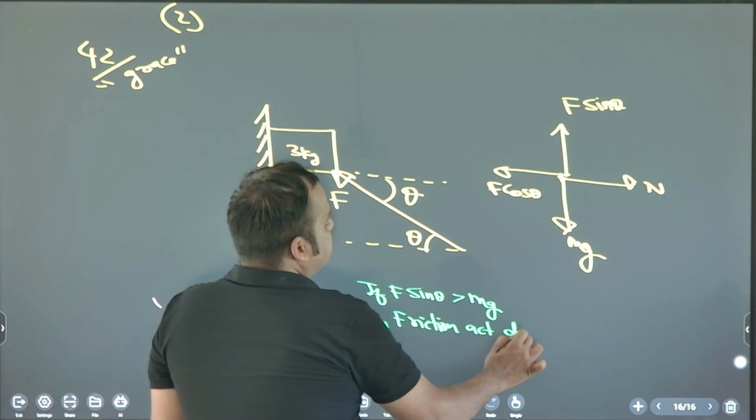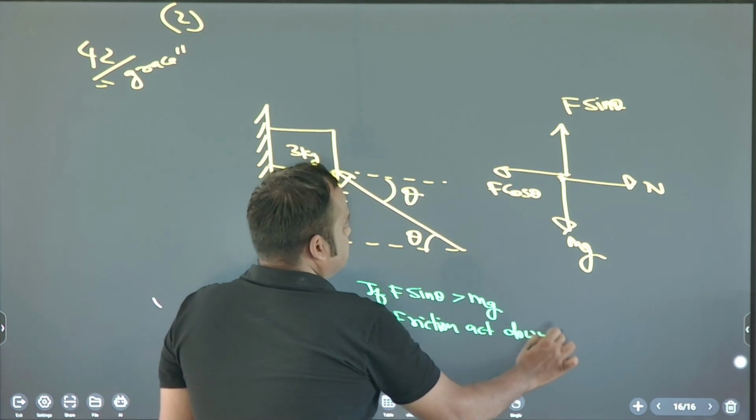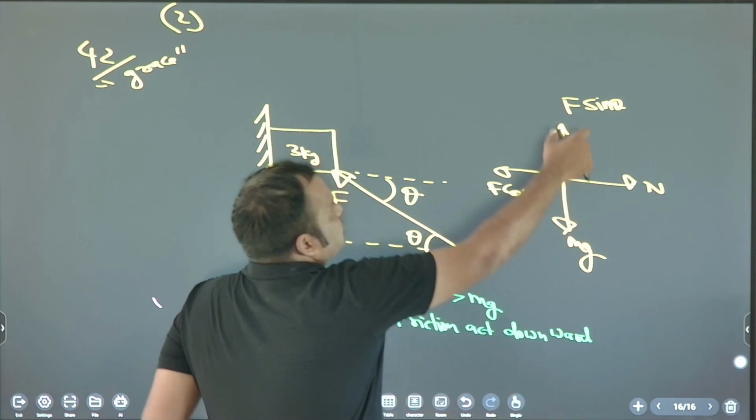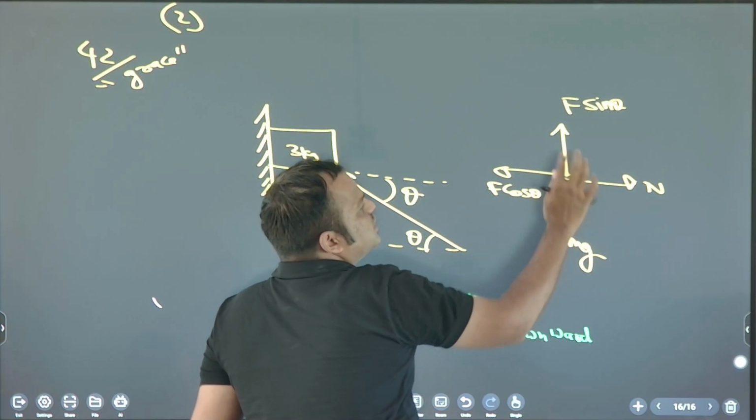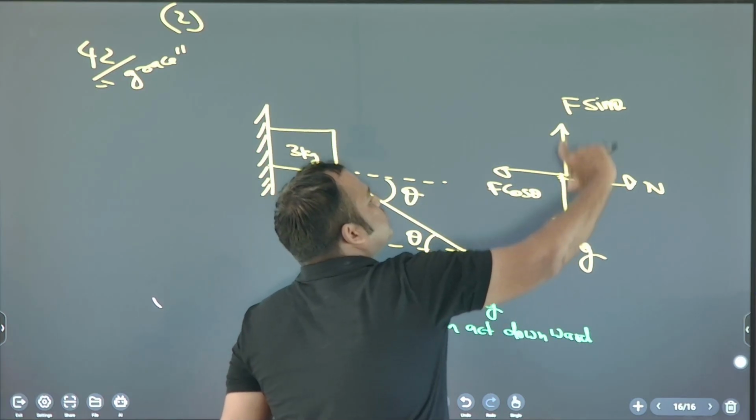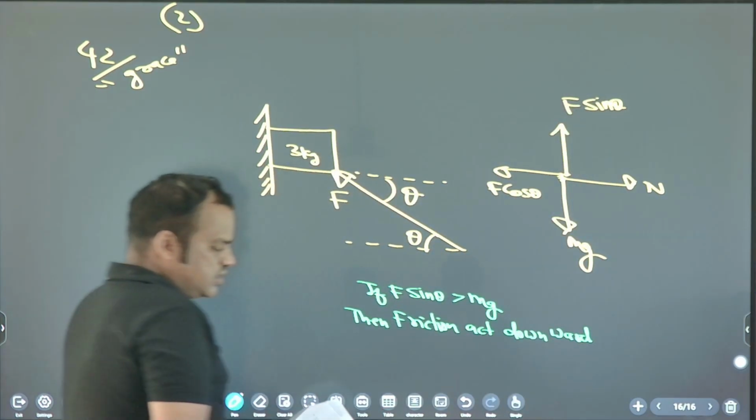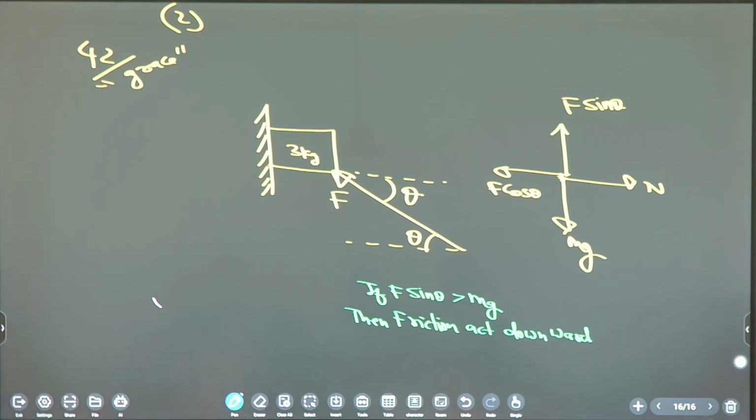Because if f sine theta is greater than mg, the block has tendency to go up like this. Suppose I am exerting force here. It has tendency to go up, correct? So friction will act where? Down.